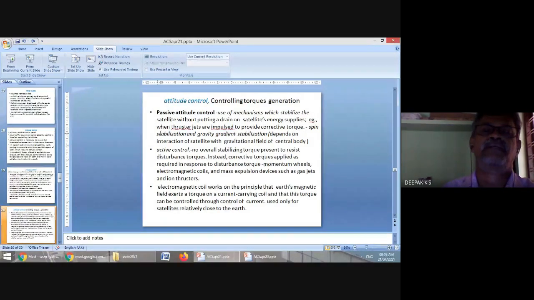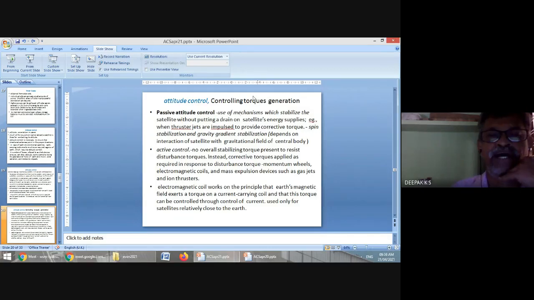And there are further spin stabilization and gravity gradient stabilization, and gravity gradient stabilization depends on the interaction of the satellite with the gravitational field of the central body. So there are many methods to provide correcting torque.